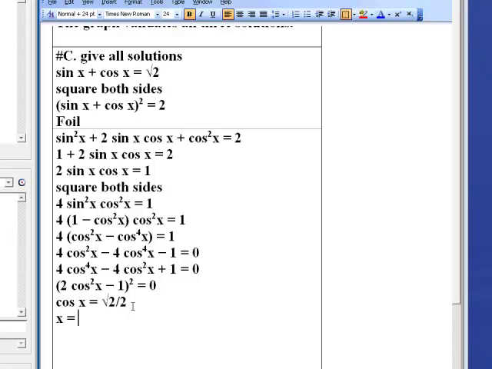So 45 degrees, which is pi over 4. So here we go. Pi over 4. And in the 4th quadrant, so we're going to have 7 pi over 4. And I will tell you right away that will turn out to be actually extraneous.